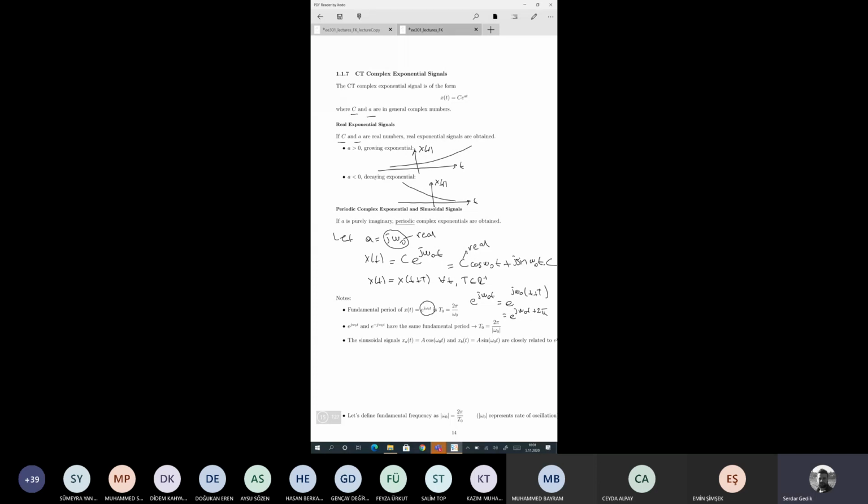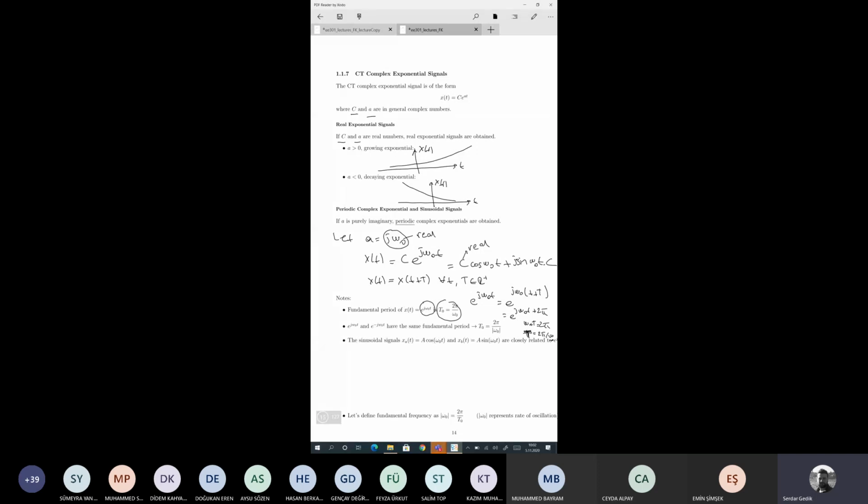So from those two, omega 0 T is equal to 2 pi, and the period T is equal to 2 pi over omega 0. So this is my period T0.